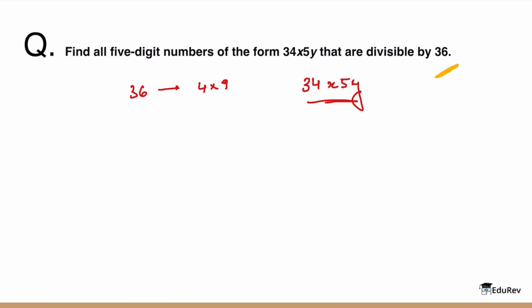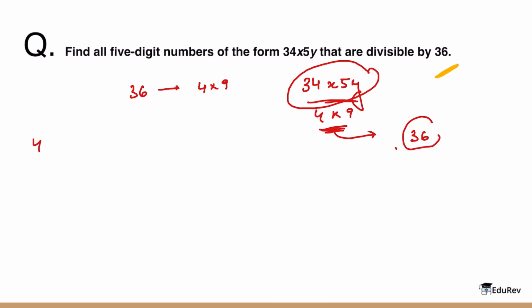I spelled it wrong. So if this number is divisible by 4 and 9, it will also be divisible by 36, correct? Hence we need to apply the divisibility of 4 and the divisibility of 9.